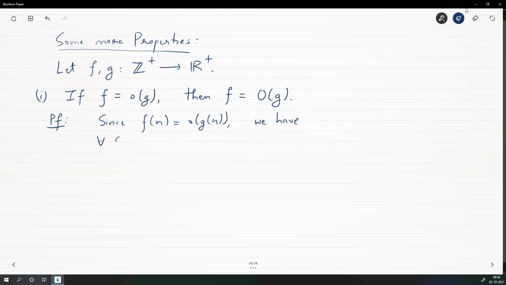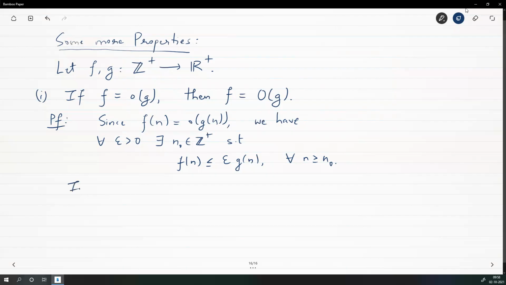For every epsilon greater than 0, there exists n naught, a positive integer, such that f of n is less than or equal to epsilon times g of n for all n greater than or equal to n naught. So you see from here itself that we are actually getting f of n is big O of g of n. Why is that? Because this is supposed to be true for every epsilon. For every epsilon, there is a choice n naught. So you make one choice of epsilon.